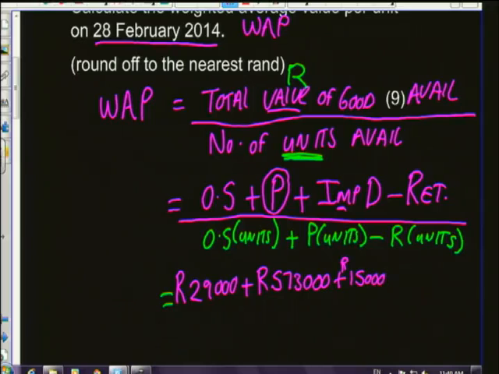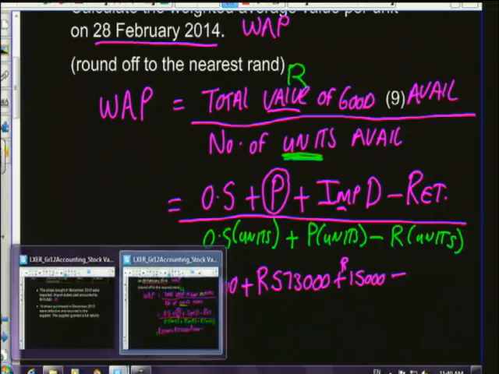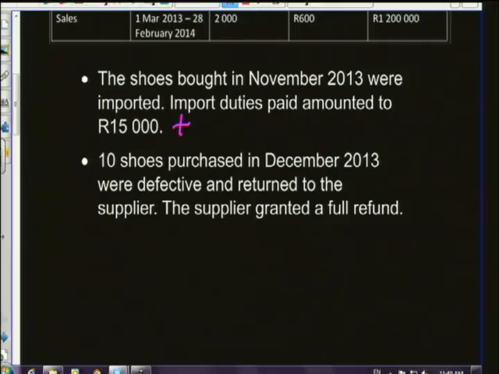Right, returns I need to subtract, so minus the total value of my returns for this financial year. So again, back to my information. 10 shoes purchased in December 2013 were defective and returned to the supplier. The supplier granted a full refund. So remember, we are returning 10 shoes.